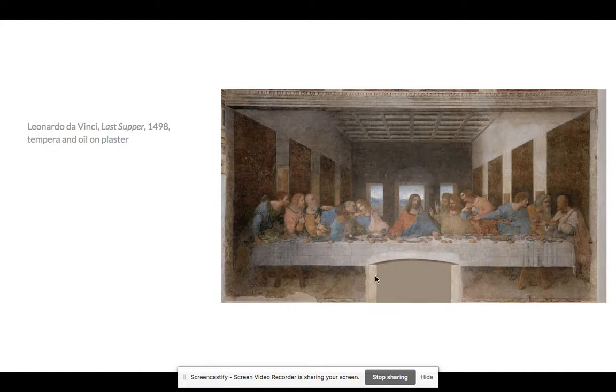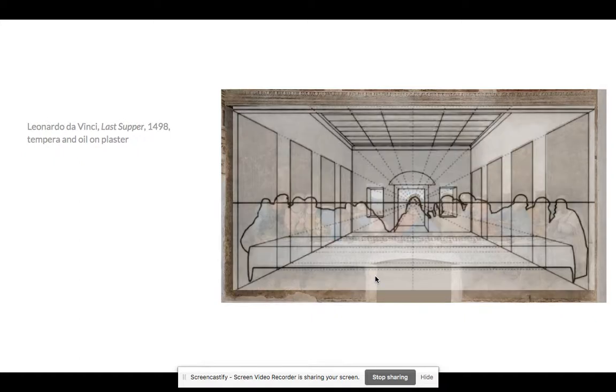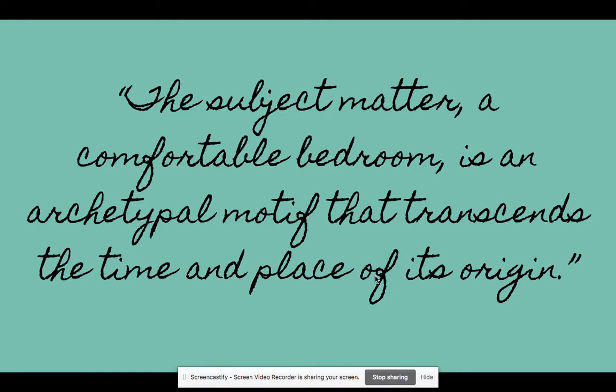So we're drawing interior spaces. Those of you that did your graffiti project, that's floating in space. But here we're focusing on an interior space, creating walls. Here you can see the lines of perspective. In regards to Van Gogh's bedroom, this was a quote: "The subject matter, a comfortable bedroom, is an archetypal motif that transcends the time and place of its origin."